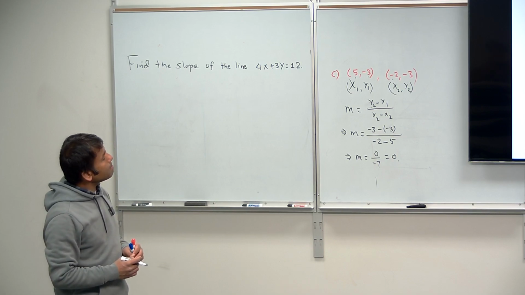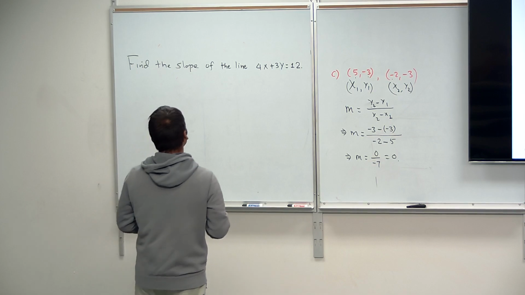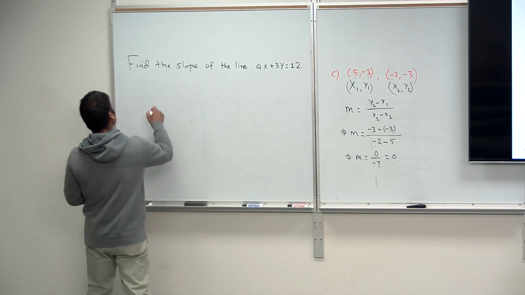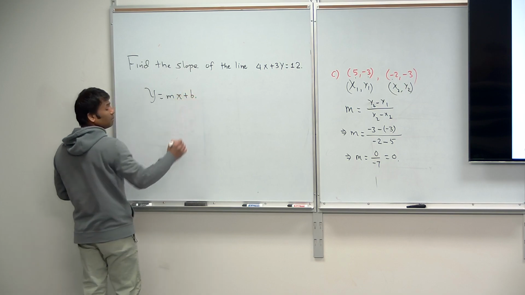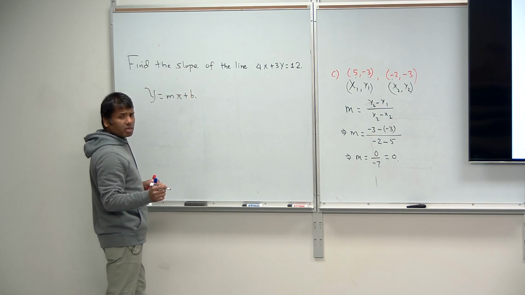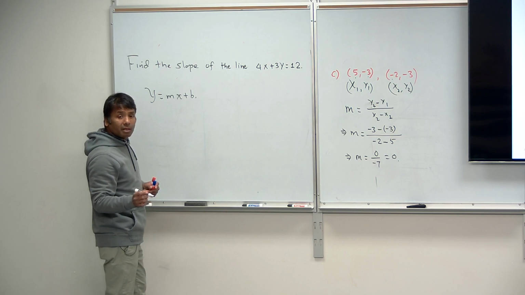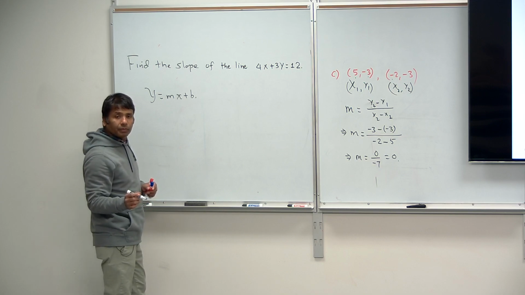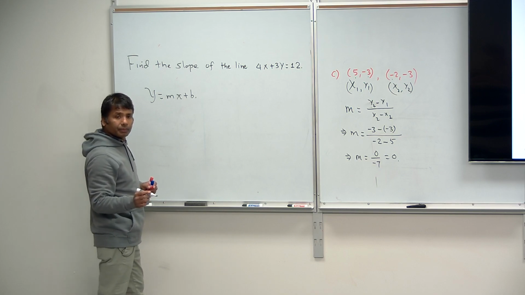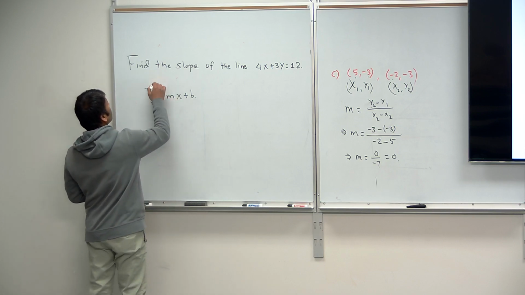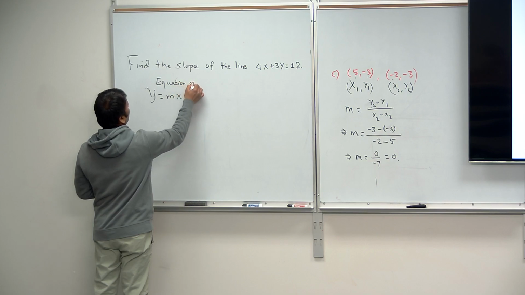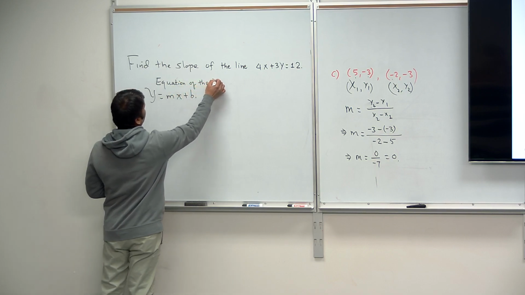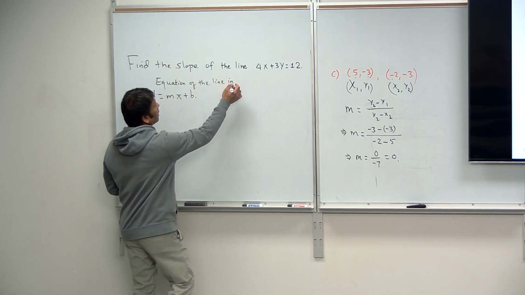Do you guys know this? We didn't talk about this. This is the equation of the line. Do you know y equal to mx plus b? The equation of the line in slope-intercept form.